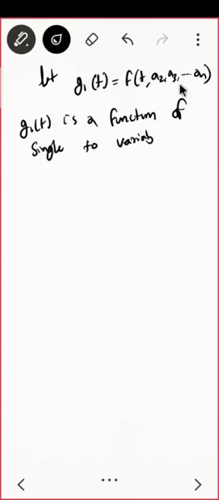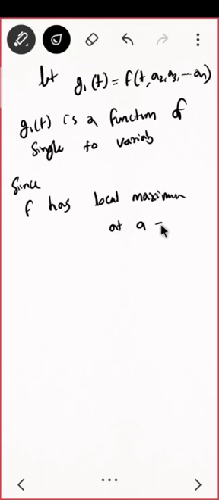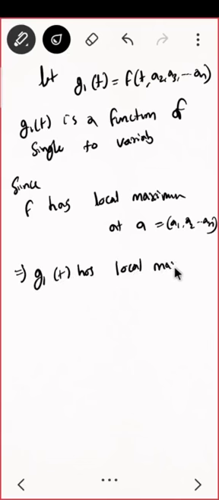Yes, definitely, because f has local maxima at that point. Since f has local maximum at E, equal to E1, E2 and so on, that implies g1 of t has local maxima at t equal to E1.